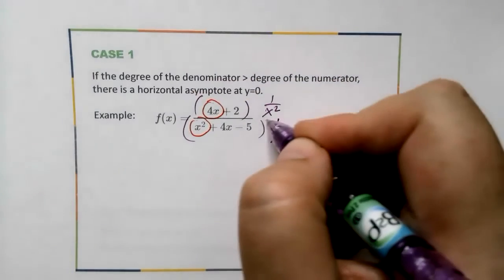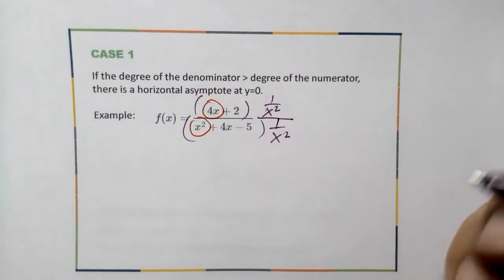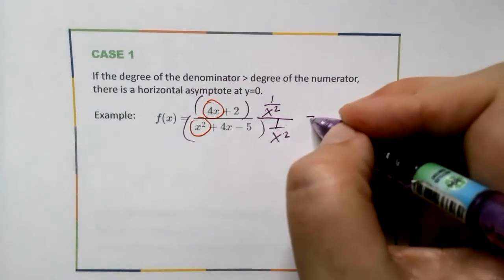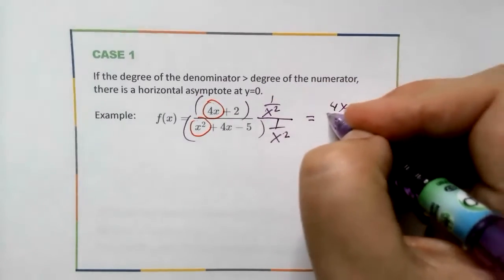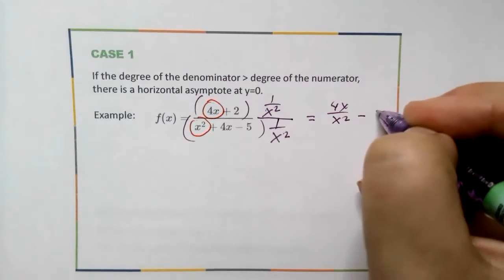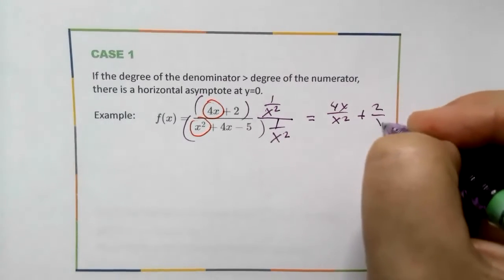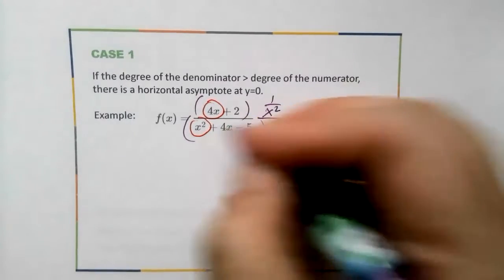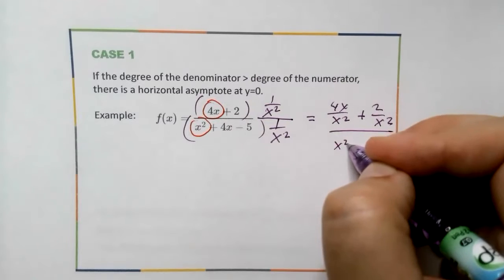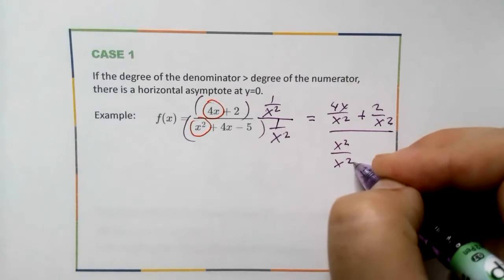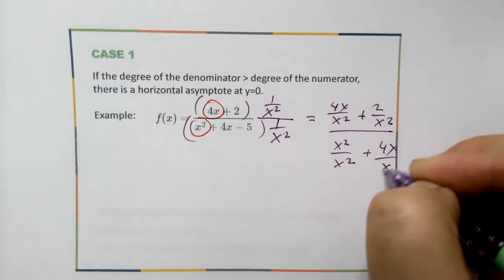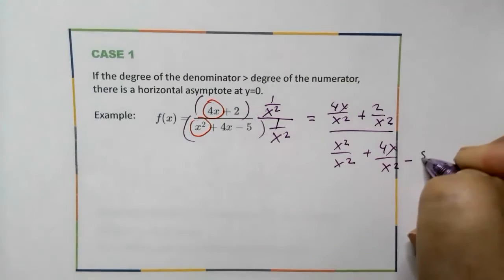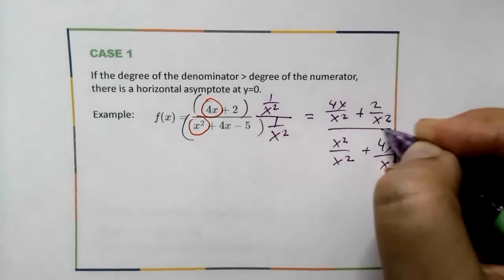We're answering now the question, why is it happening that way? So here we're going to have 4x over x squared plus 2 over x squared, and then on the bottom we're going to have x squared over x squared, plus 4x over x squared minus 5 over x squared.